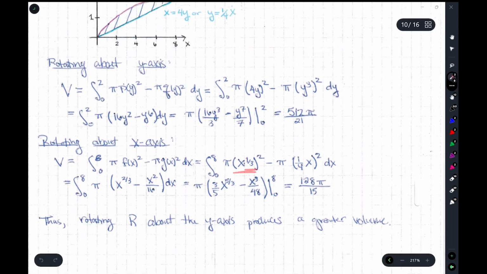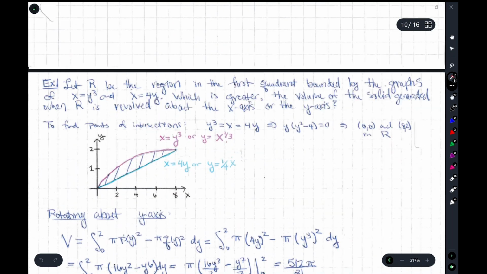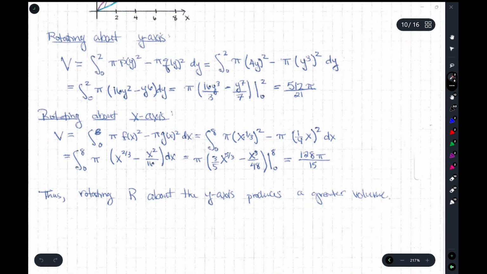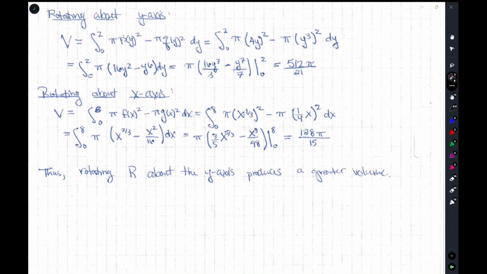The x to the 1/3 is our outer radius, our inner radius is this, and we just plug them into the formula. Here we also have to be careful, we're changing the bounds of integration. Before we were integrating from 0 to 2 because we were integrating along y. Now we're integrating along x, and so we're integrating from 0 to 8. Once we integrate, we get 128 pi over 15.